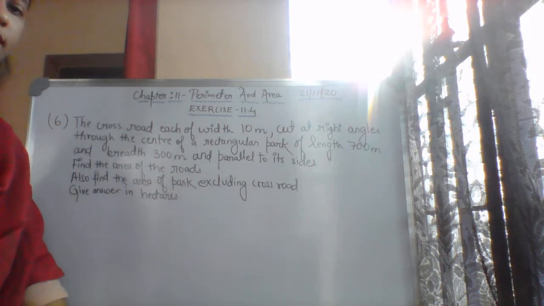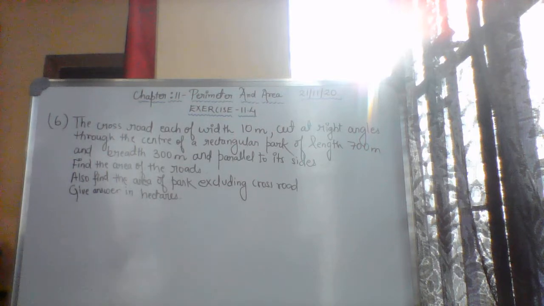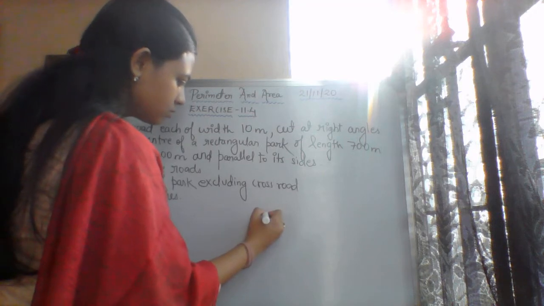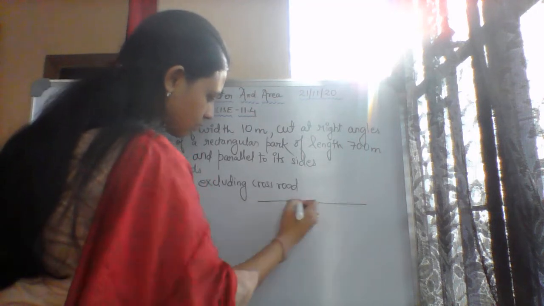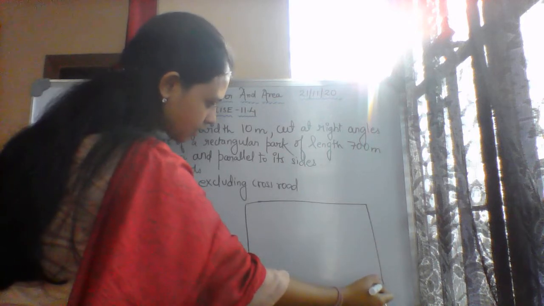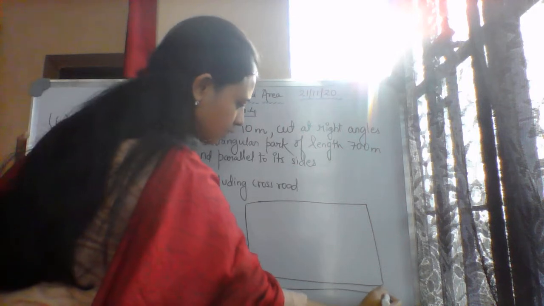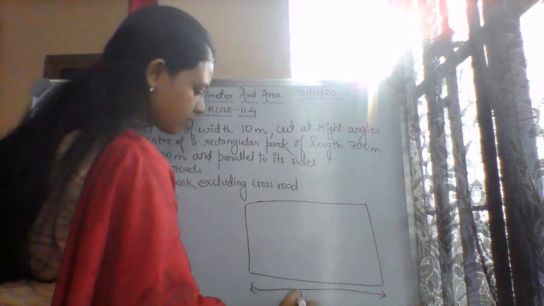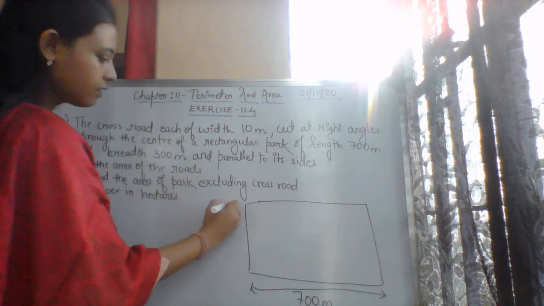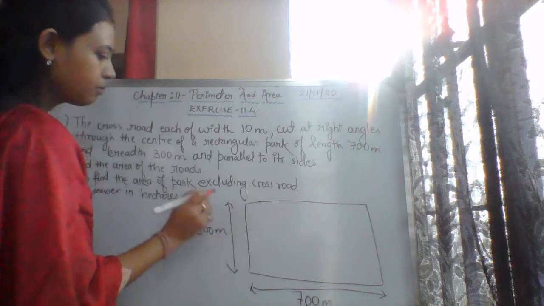After reading this question, try to draw your own diagram of how it will look. There is a rectangle with length 700 meter and breadth 300 meter.